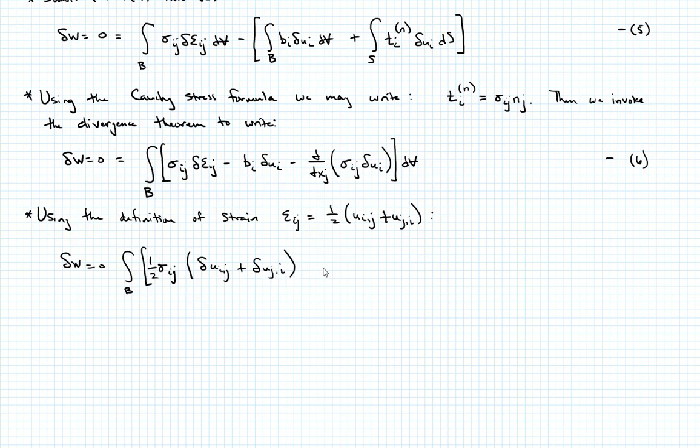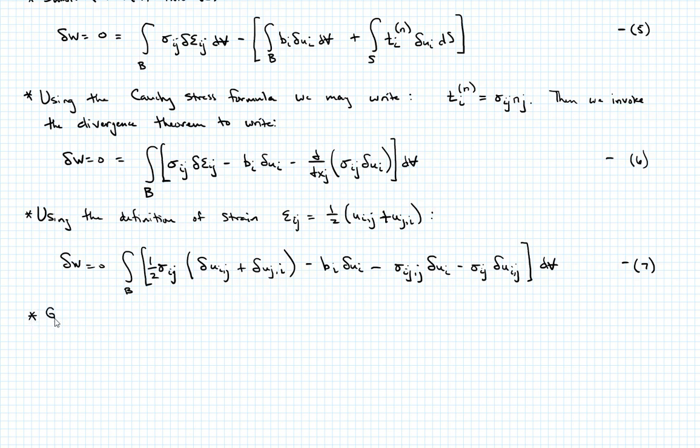And then we'll have that minus bi delta ui, minus, and then we can carry out that differentiation. That looks like sigma ij comma j times delta ui plus sigma ij delta ui comma j. So I think that's good. Let's integrate that over the volume. Call that equation 7.